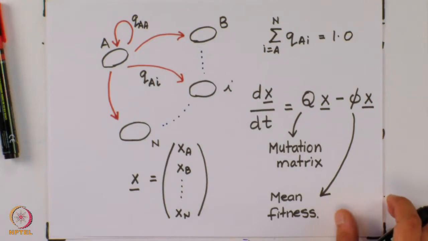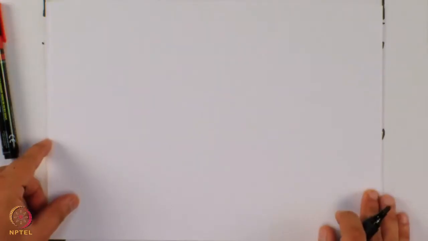That is because no matter what is the composition of the population at any given point in time, since all genotypes have the identical fitness, the mean fitness of the culture also remains identical. So, phi represents that.